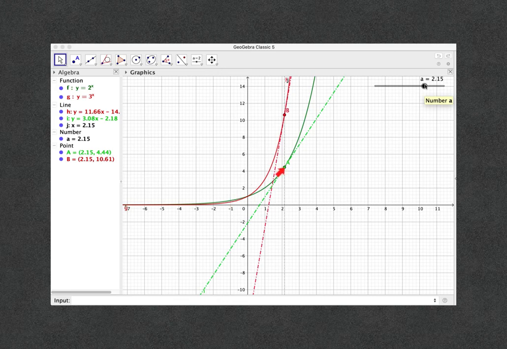At each point, let's take point A, I drew the tangent to the graph, and it's a red line here, so that we can look at the slope of the tangent. Remember that the slope of the tangent is the derivative of the function. So how steep the tangent is gives me the derivative.